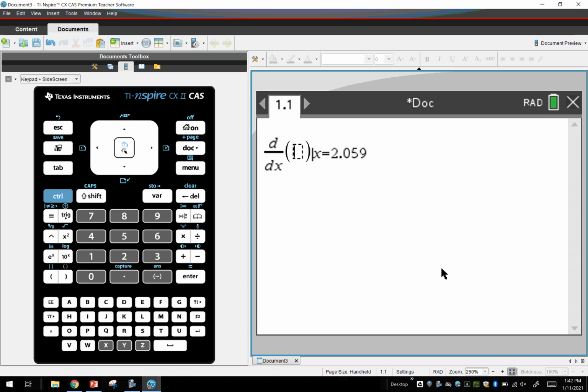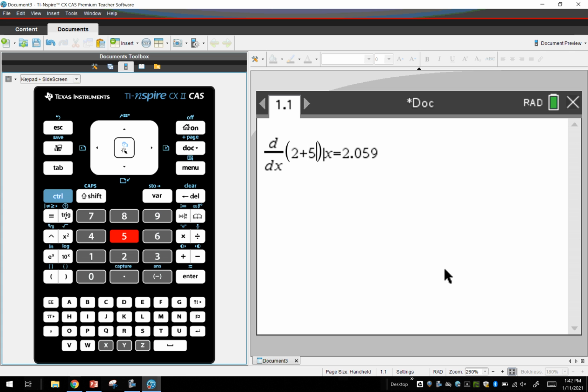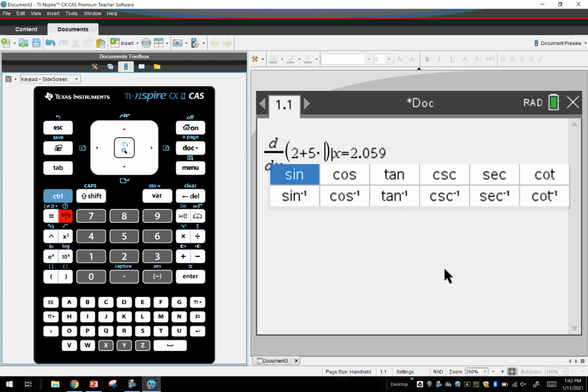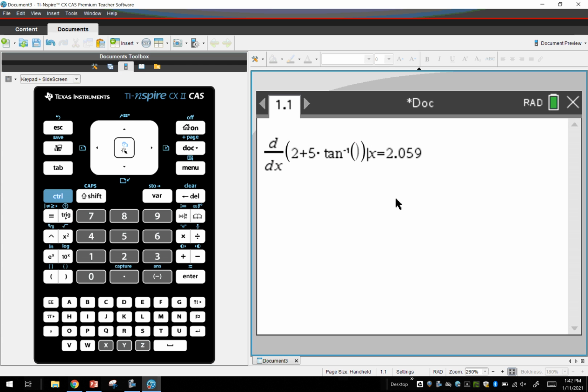So now I put in the original function that they gave me. And so the original function they gave me is 2 plus 5. And then with your calculator, whenever you're doing trig functions with a multiple in front of it, literally write it out as 5 times tan inverse. Because if you just write 5 tan inverse, it doesn't like that.